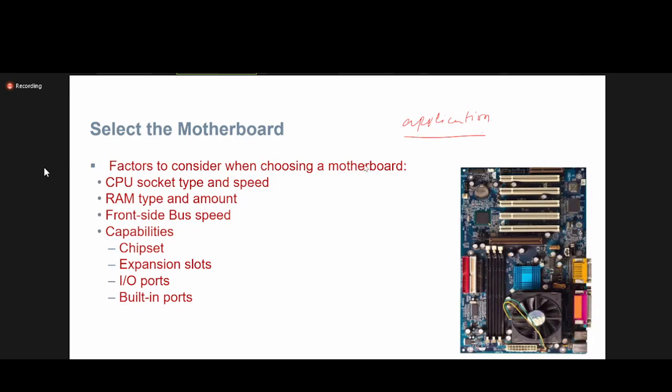So consider the applications, and then select the motherboard, CPU size, socket types, and capabilities of the chipset, expansion slots, I/O ports, and built-in ports. You have to consider all those parameters when you are selecting a motherboard.